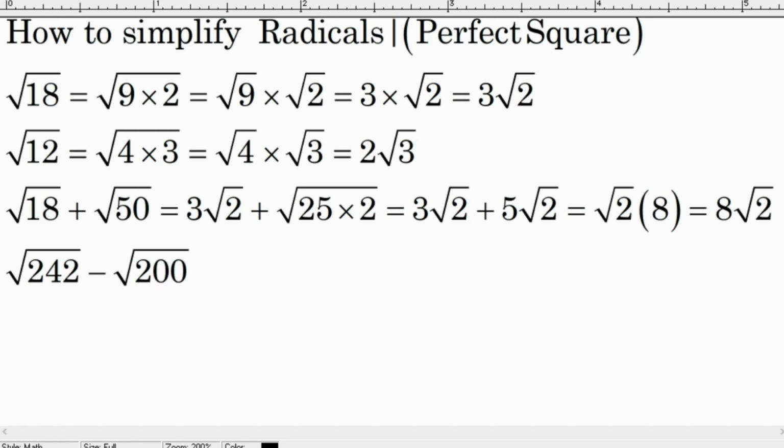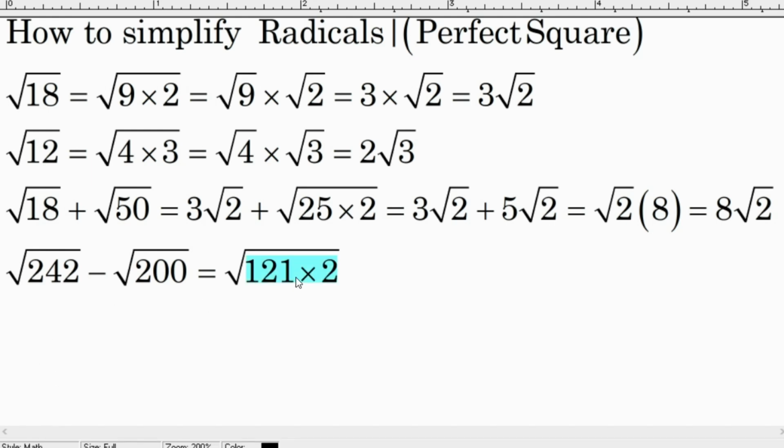Okay, so then we have to simplify this radical and this radical. So then 242 could be written as 121, and 121 is a perfect square. Okay, and then multiply with 2.